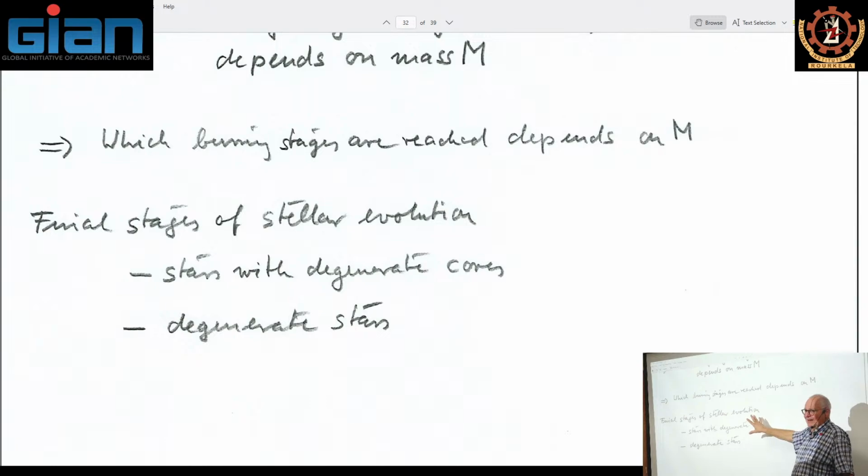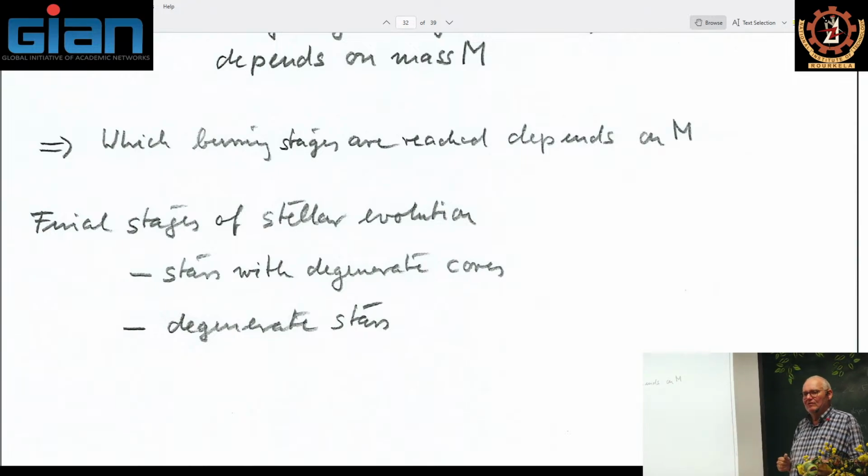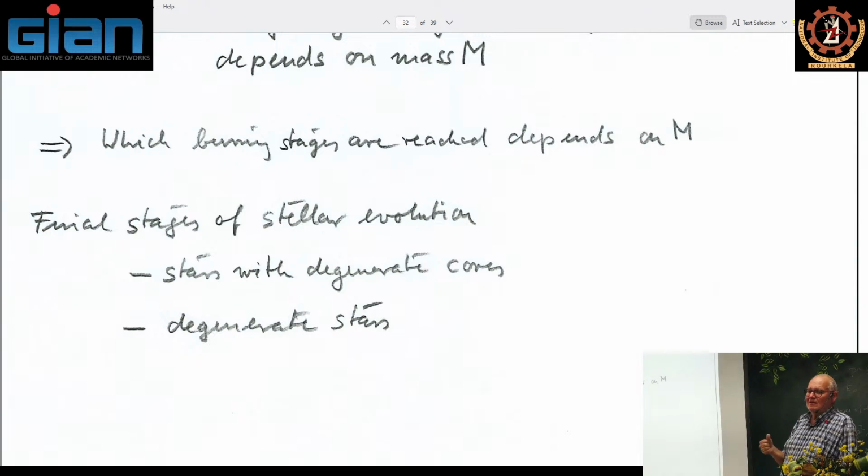These are the final stages of stellar evolution, and in that way, degeneracy avoids this singularity in the temperature which would be present if the virial theorem were valid until the end of stellar evolution. So degeneracy, a quantum mechanical effect, is essential for stellar evolution.